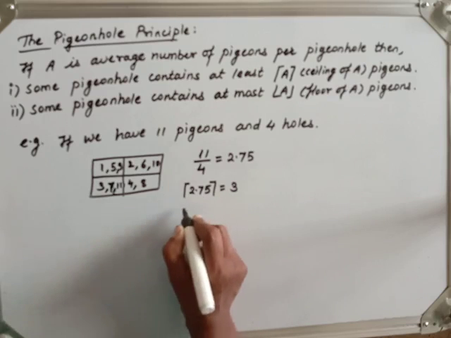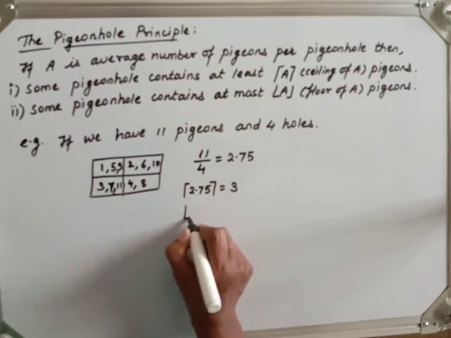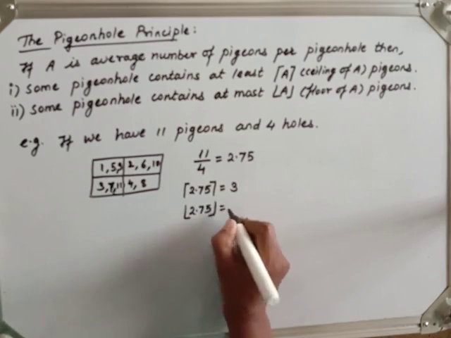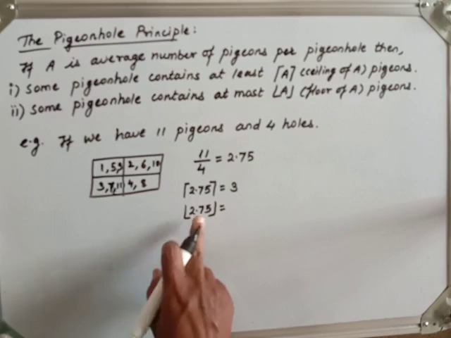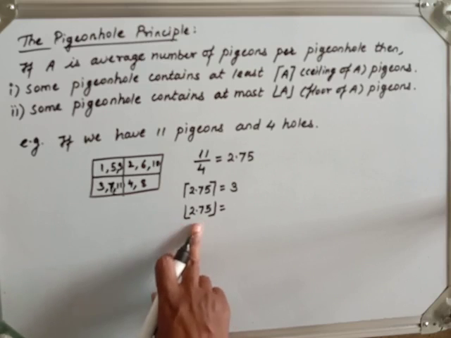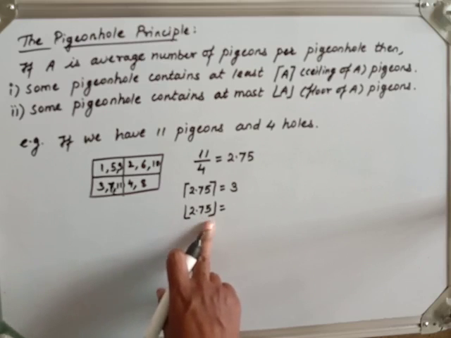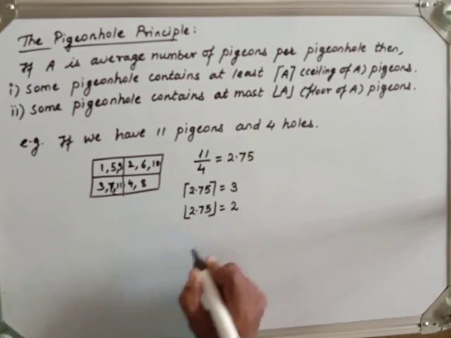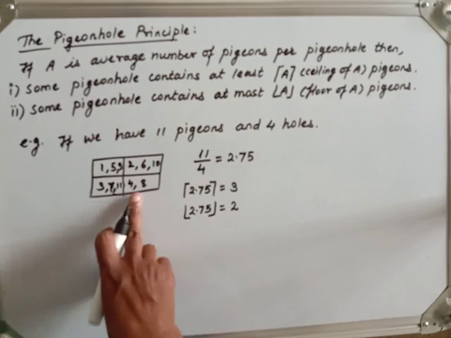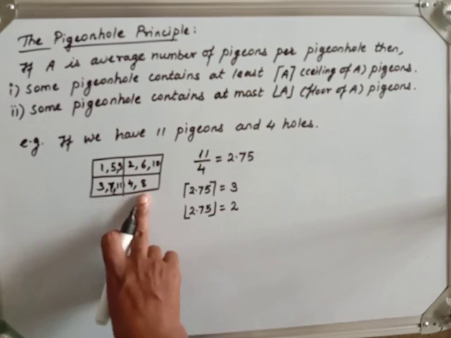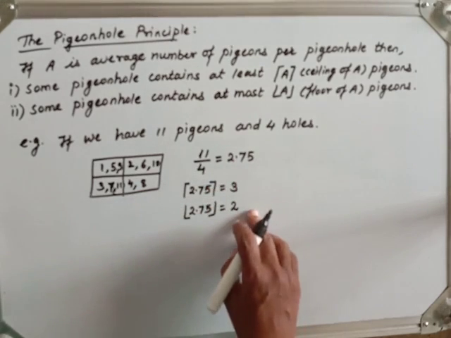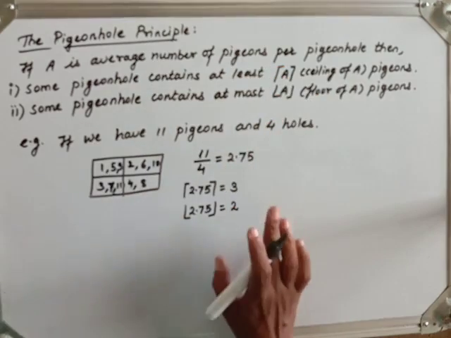And the floor of 2.75 is the integer smaller than or equal to 2.75, that is 2. One of the pigeonholes consists of 2 pigeons. So both of the principles are true at the same time.